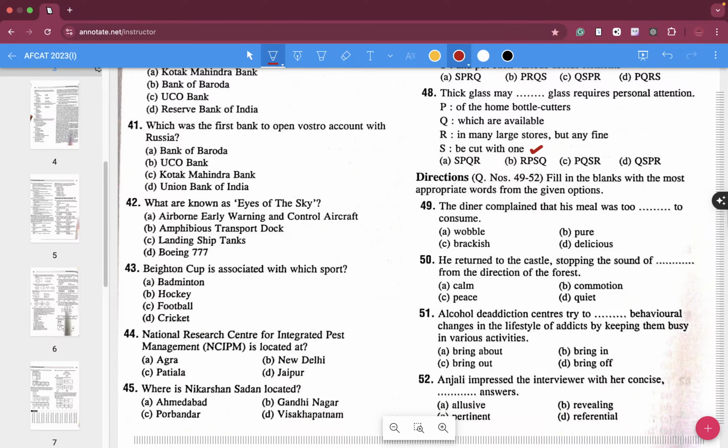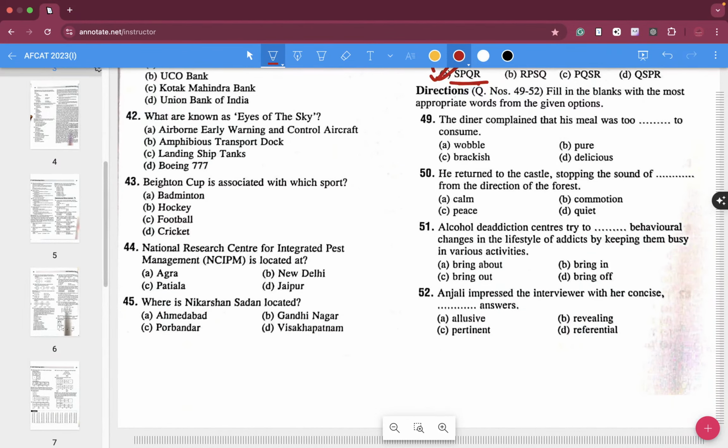Okay. So if we start with S, right? Thick glass may be cut with one of the home bottle cutters, right? Which are available in many large stores, but any fine glass requires personal attention, right? Okay. Option number A over here seems to be the correct answer for this particular question, right?